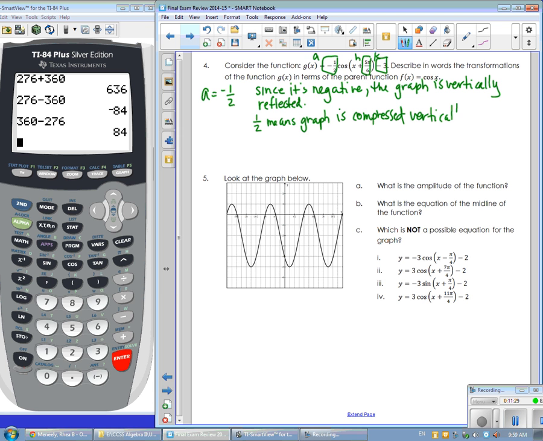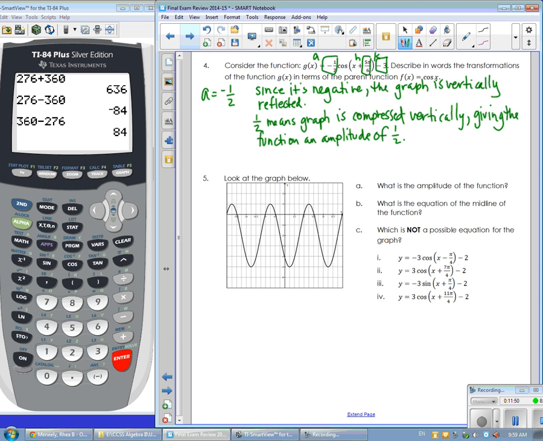The parent function has an amplitude of 1. This function is going to have an amplitude of 1/2. And remember, amplitude is always positive.